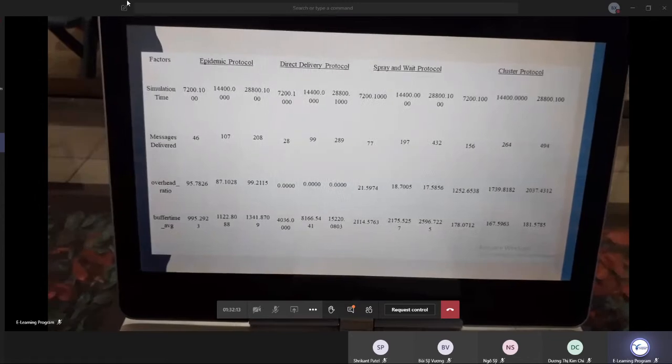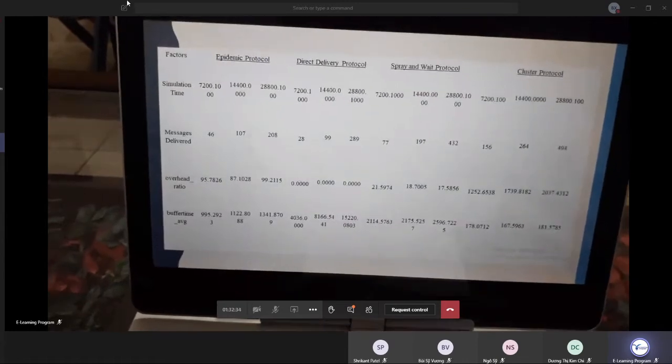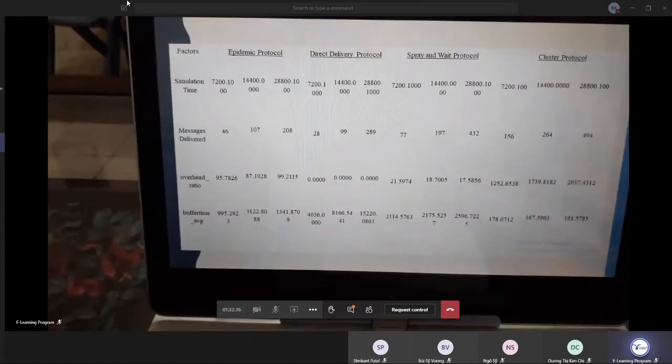These are the four routing protocols and the factors shown in this table. For different simulation times, different message delivery, overhead ratio, and buffer average values are calculated by this model.